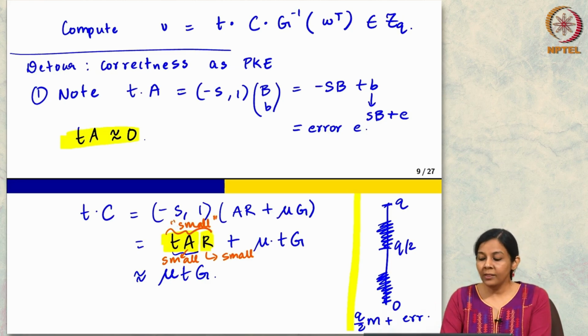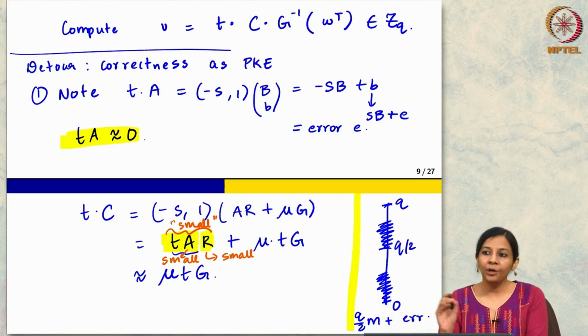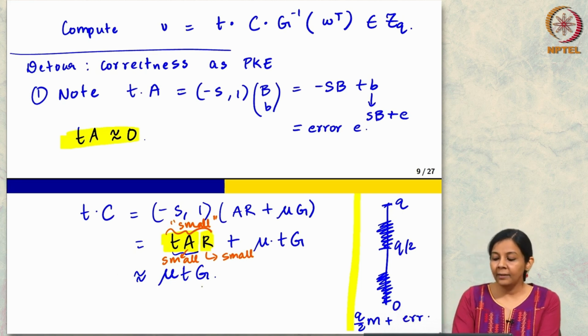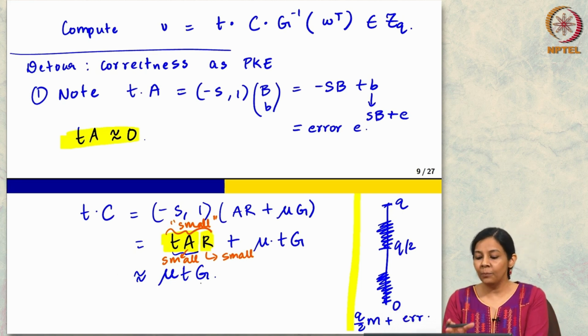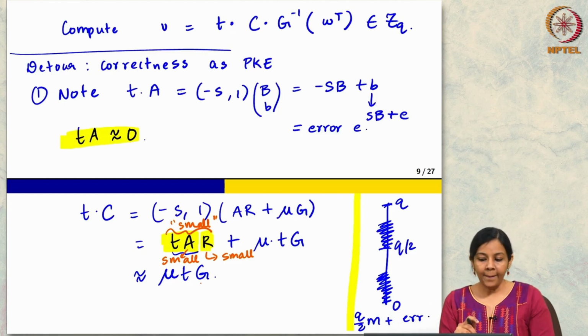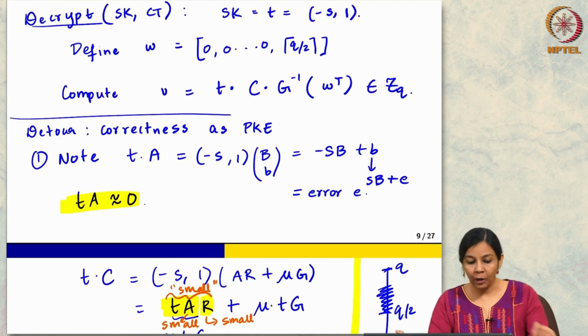And if this whole thing is small, then let me ignore it, for intuition at least. So, I can say that t times c is approximately mu t times g. Alright, good.